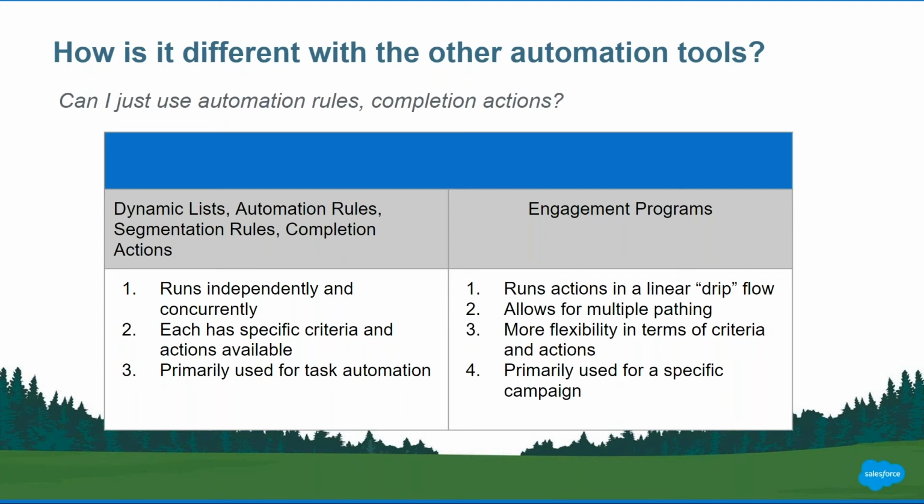With engagement programs, you can have multiple criteria and then have, let's say, path one, path two, path three. It's not just one set of actions that they can do. So it's more flexible in terms of criteria and actions.